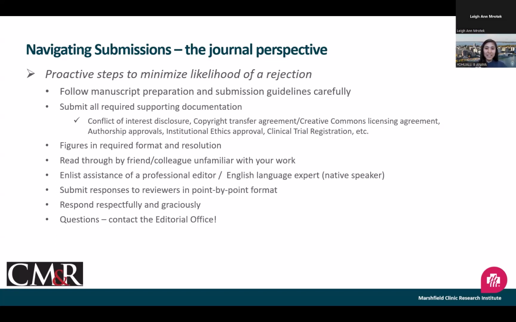Like, did you do X, Y, Z, A, B, C? And you might be rejected on that first pass just because you didn't follow a very simple instruction in your submission. Like maybe you didn't put page numbers and you were supposed to put page numbers. So really, really cannot stress enough the importance of following those instructions.